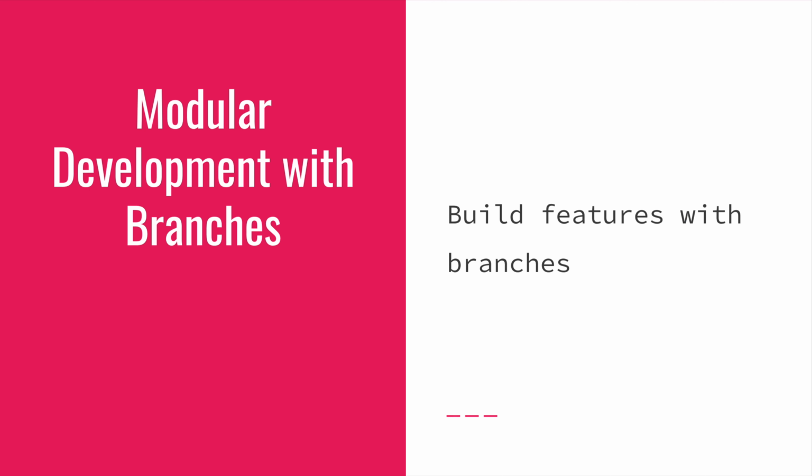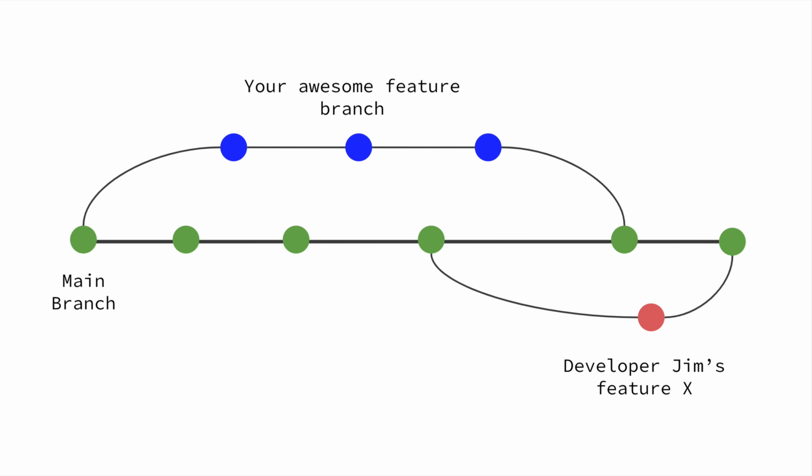The third reason is modular development. So let's say you have a great website and everything is working great, but you have a great idea to implement a feature and you want to work on the code without affecting the main version of the code. So let's say you have a website and you want to implement an amazing animation, but you want to do that without affecting the stable version, right? Without affecting what you already have. So in Git, what you do is that you create something called a feature branch and you work on top of that.